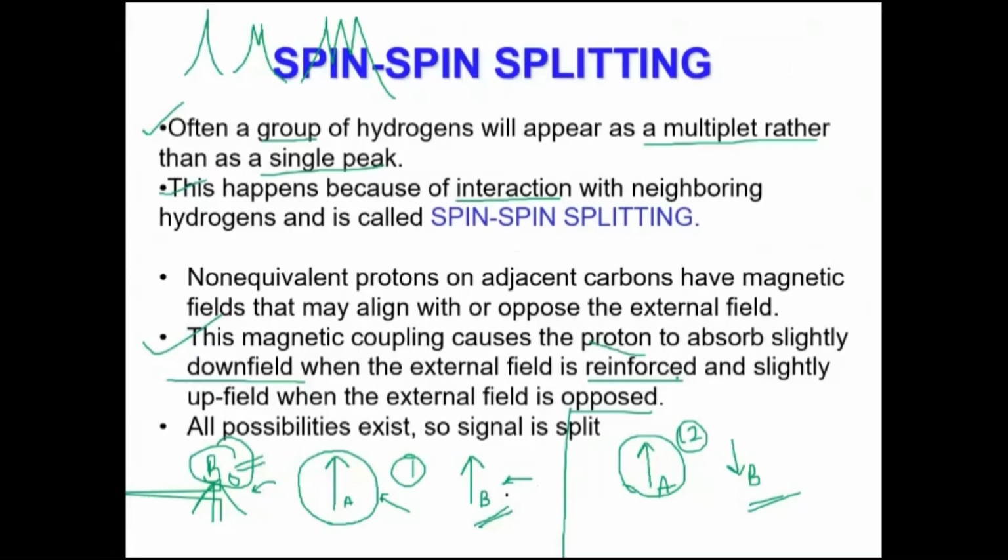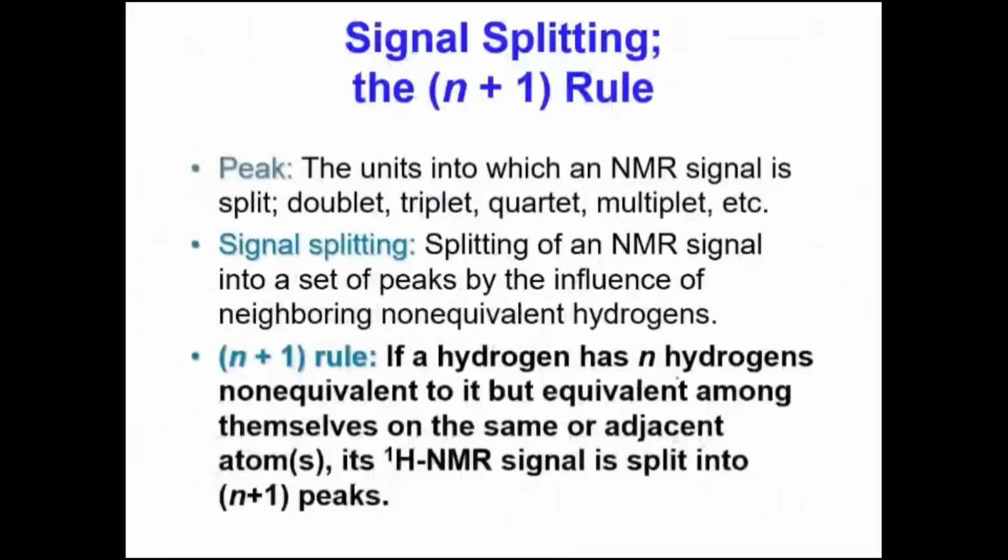Out of 100 molecules, say in 50 of the molecules the field is reinforced, and in the remaining 50 the field is opposed. So when all these 100 molecules are measured simultaneously, you will get two signals, one for slightly downfield, one for slightly upfield. So both the signals will exist side by side. Now, if you have understood what is splitting, let us see the rules for signal splitting.